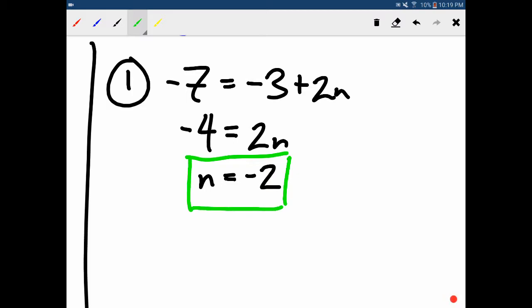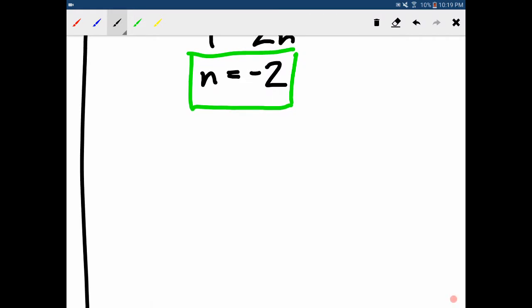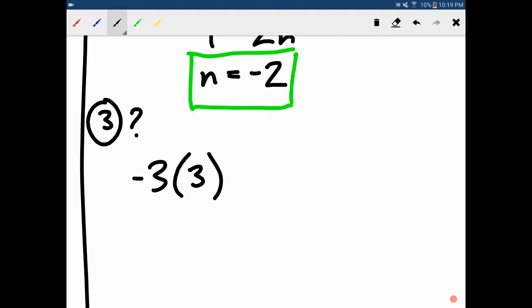So we've used equation 1, we've used equation 2. What we need to do now is look at equation 3 and see, is equation 3 actually satisfied? So we'll start by saying -3 times 3 minus the -2.